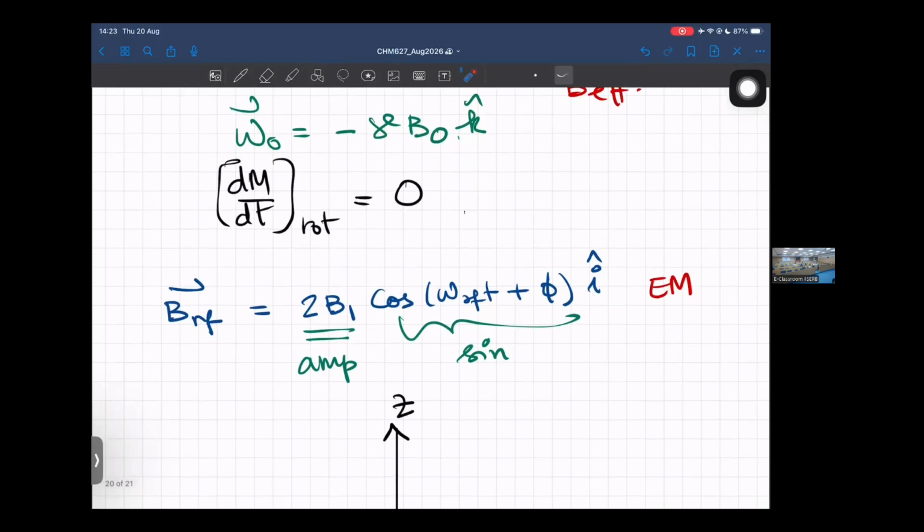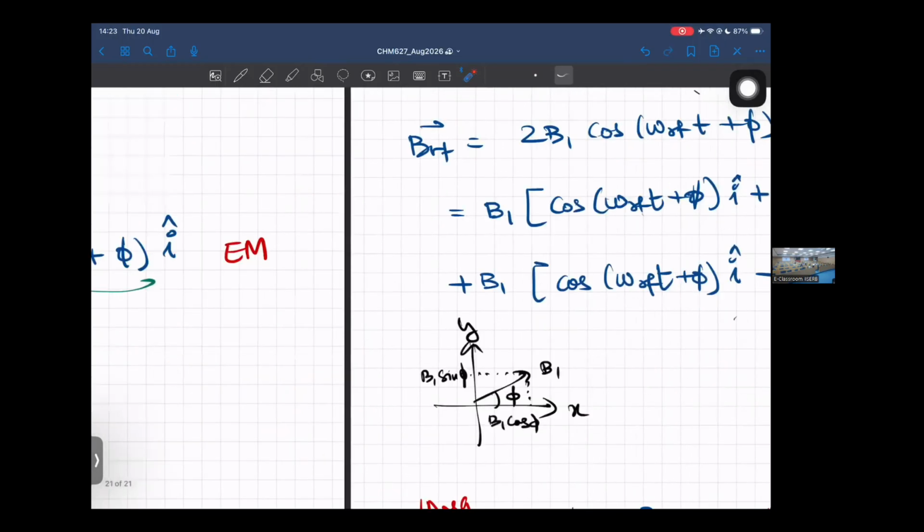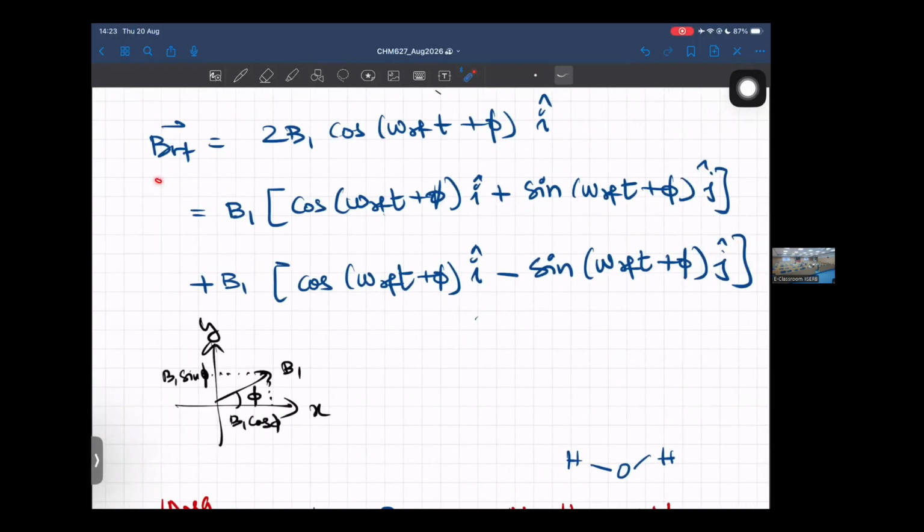And then we looked at what happens when you apply an RF pulse. We said that the RF pulse has an amplitude followed by a sinusoidal part. This is where we said this is linearly polarized light that can be decomposed into right circularly and left circularly polarized light. And how did we do it?